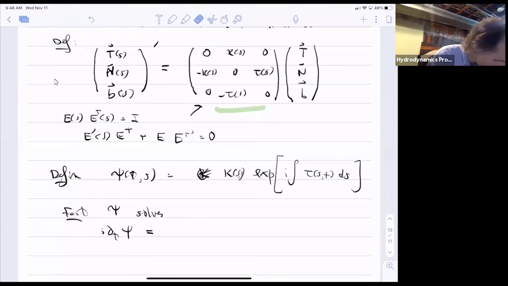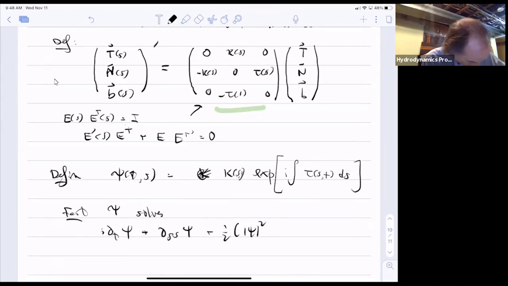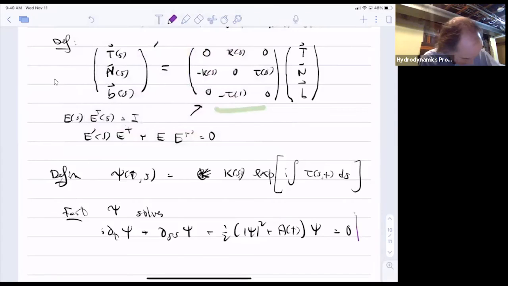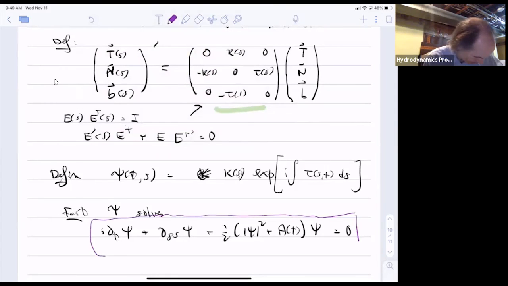Okay, let's do it this way. Plus dss psi plus 1/2 psi squared. Okay, let me remark here.